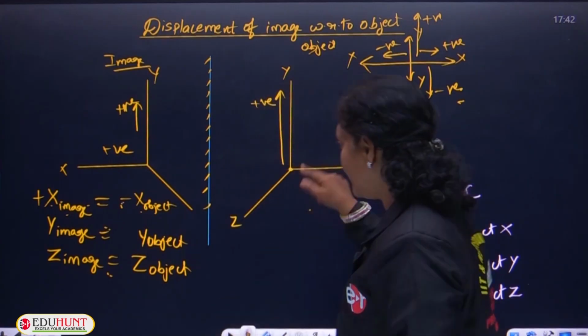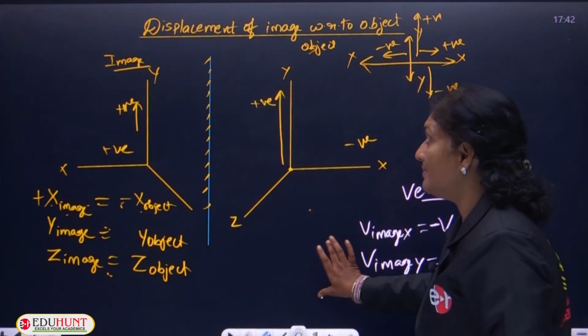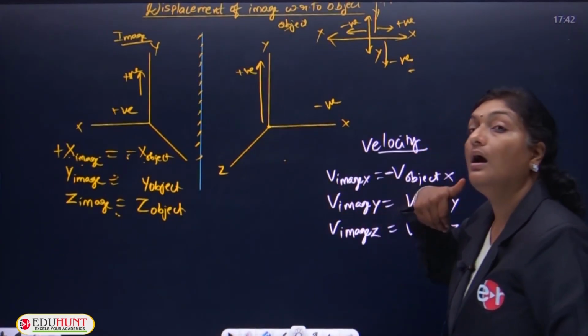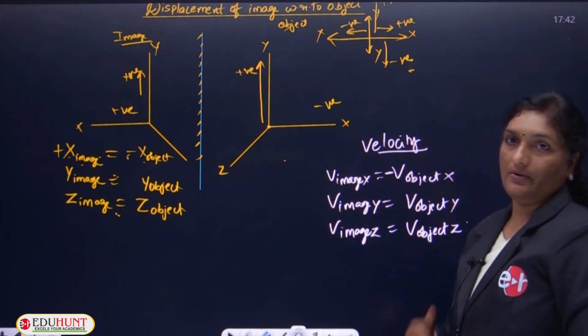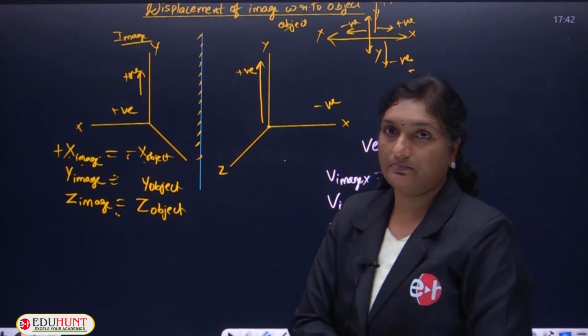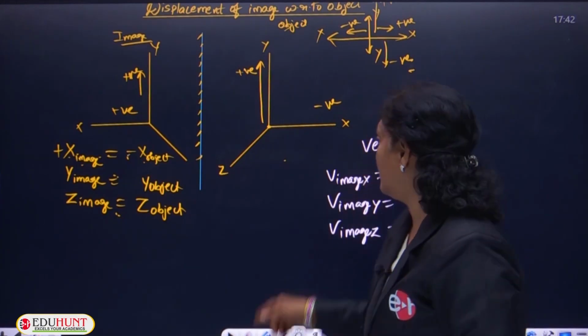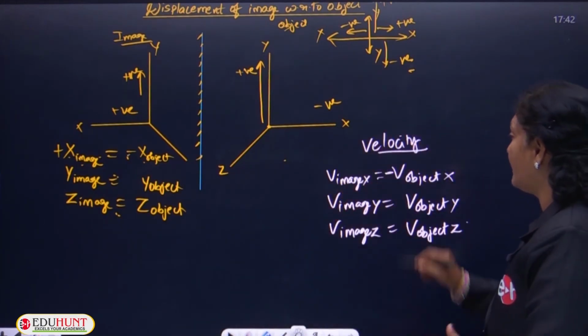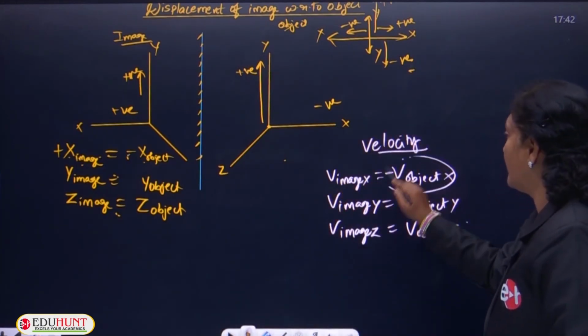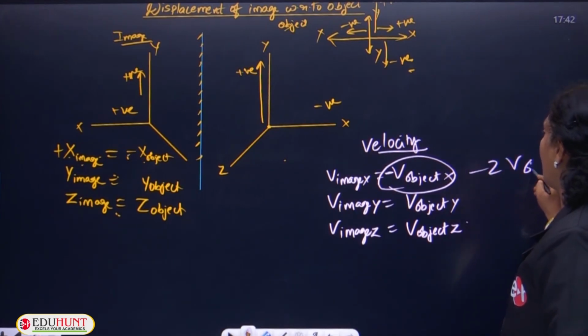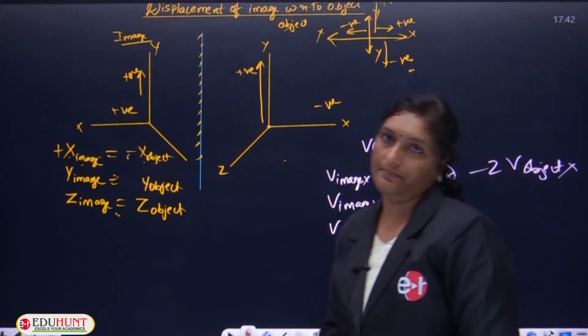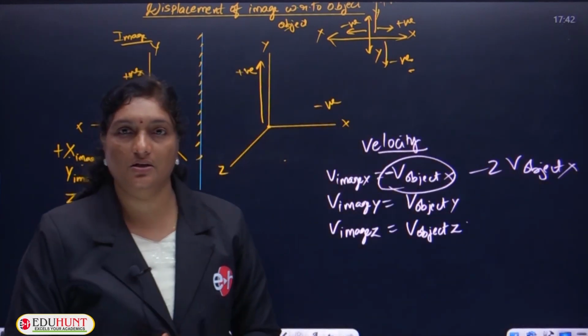In that case, when it is observed with respect to a moving observer, the velocity of the image will now become minus 2v times that of the object along the x-axis. Other components remain the same. I hope you understood, children.